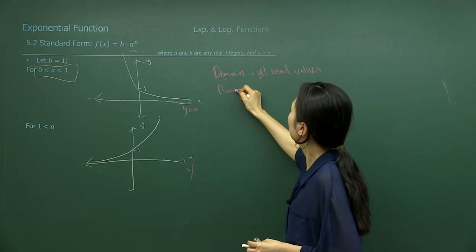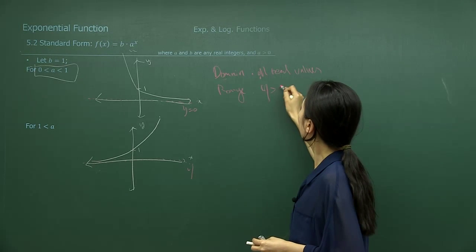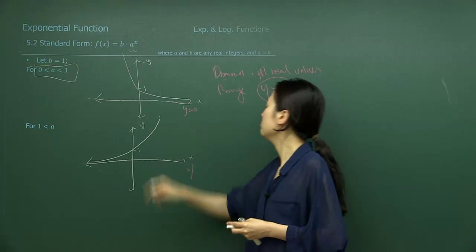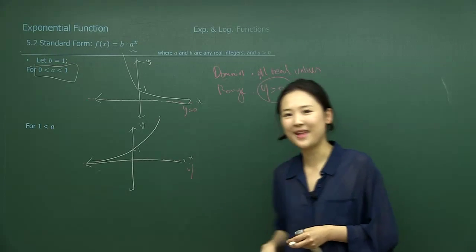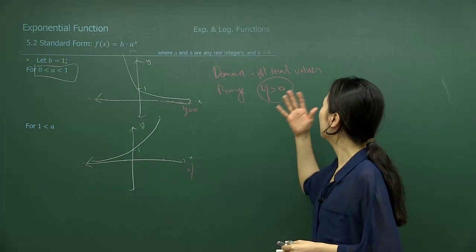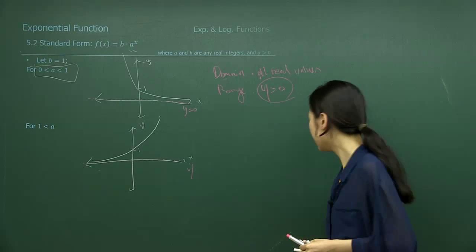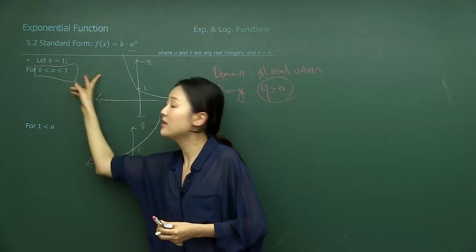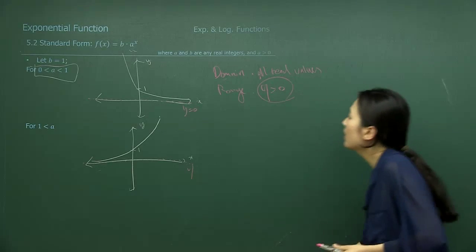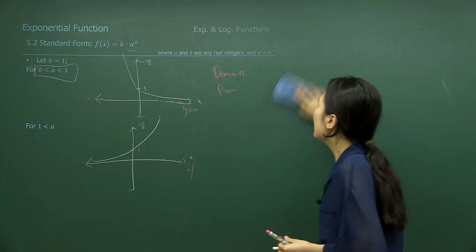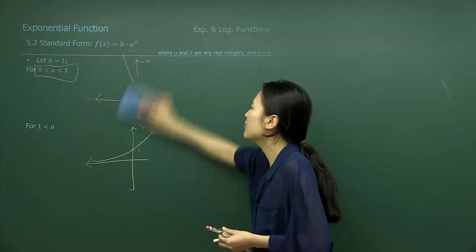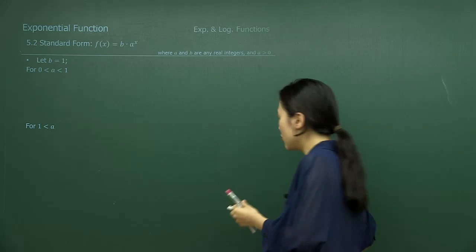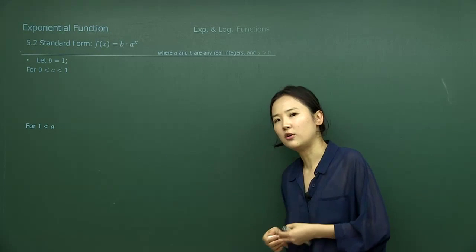The range is for greater than 0 values of y only, since 0 is the horizontal asymptote. So remember these details, and remember what happens to the direction of the graph depending on what the base is. Okay, I'm trying to only go over the basics of exponential function because, honestly, for anything more complicated, you better just use your calculator.